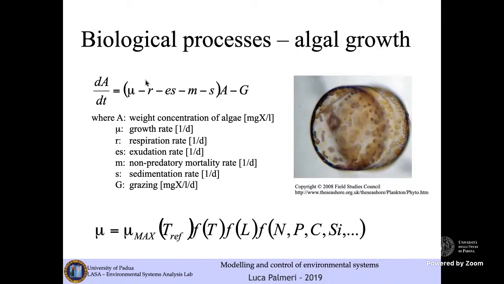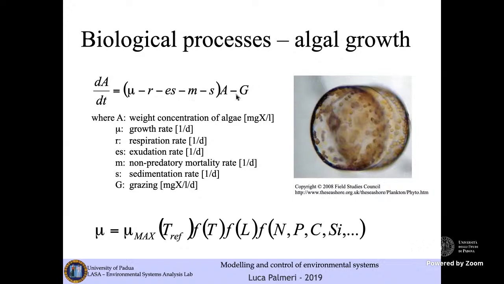So we write that the variation in time of the concentration of algae, that may be milligram of algae per liter or milligram of chlorophyll A or some other proxy indicator of the quantity of algae, is equal to a series of parameters of some models: a positive contributor, the growth rate, mu, and negative or limiting effects due, for example, to respiration, exudation, non-predatory mortality, and settling, that are processes that take away algae from the algal pool, from the population.